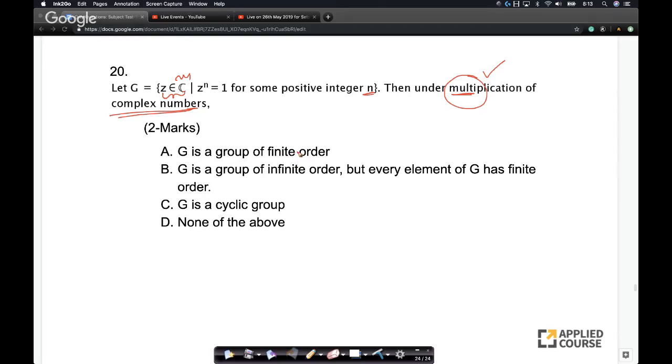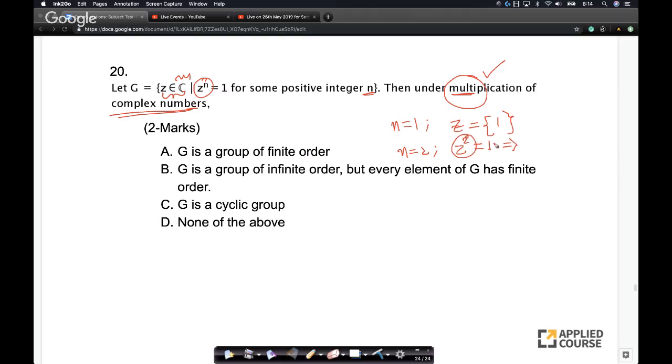Let's see, what does this mean? Look at this. If n equals 1, then what do we get? You get z equals 1, because 1 to the power 1 is 1. Very good. If n equals 2, what do I get? You get z squared equals 1. And z are complex numbers, right?